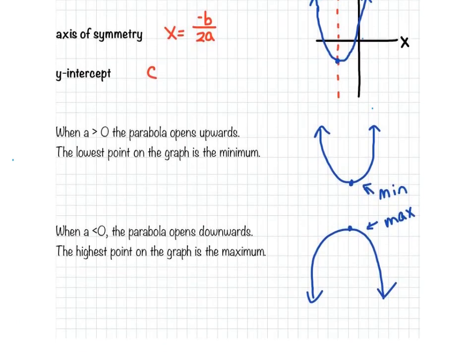When a in your equation is greater than 0, in other words, a is positive, the parabola will open upwards, and the lowest point on the graph is called the minimum. It's also called the vertex. And when a is less than 0, in other words, when a is negative, the parabola will open downward, and the highest point on the graph, the vertex, is called the maximum.